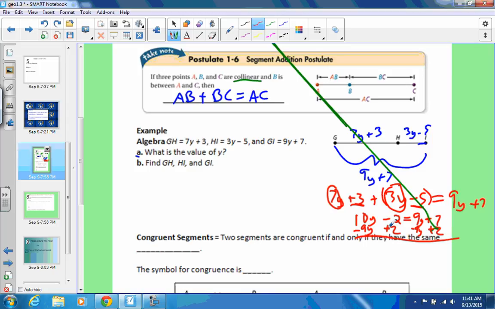At least show the one step, or doing it all in one step, and you're left with just y over here, and 9 over here. I want to see that. Show me that you can do some work here. And it limits the mistakes then. So that's part A. We know that y equals 9. Part B says to find all those segments then. So GH.